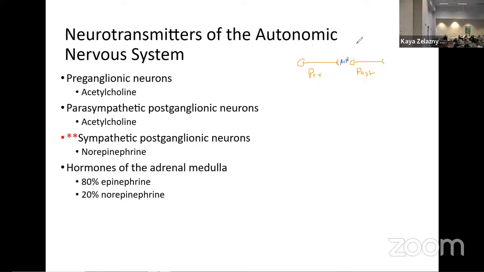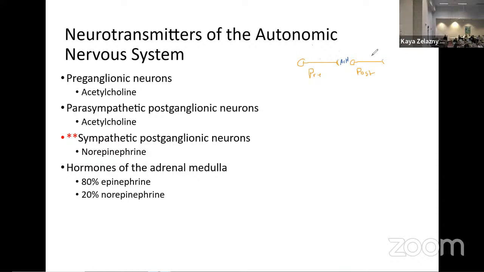In fact, acetylcholine is going to be a neurotransmitter that we see a lot of places. That's also going to be involved in the somatic nervous system. But we can already see that if every preganglionic neuron releases acetylcholine, that means it's going to be the same for both our sympathetic and our parasympathetic branches of the autonomic nervous system.